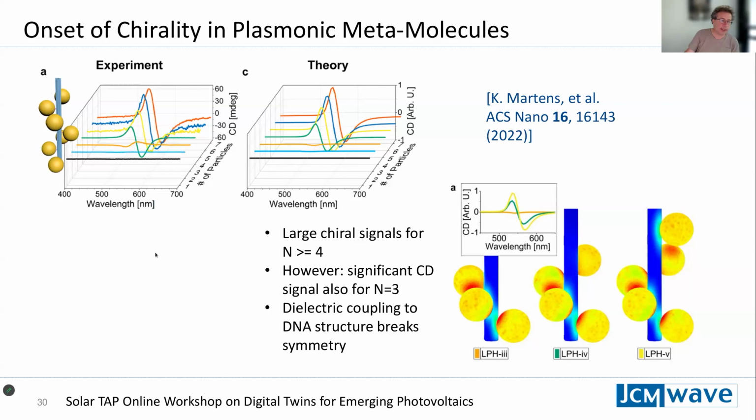However, what was interesting here also is that in the experiment you also see a signal for only 3 particles, which is quite significant. So this was not understood in the beginning. However, in the simulation, when taking into account a coupling to the DNA structure, which has a different dielectric index than the aqueous surrounding, then you can again reproduce these experimental measurements in the simulation.